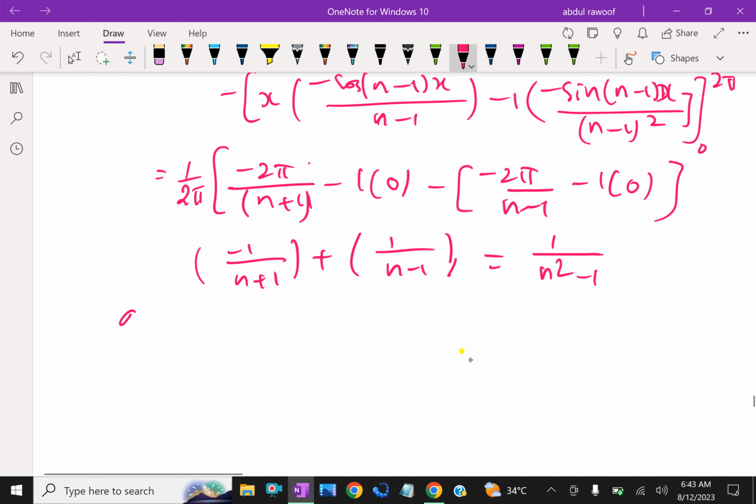Therefore an is 1 over n square minus 1, provided n is not equal to 1.